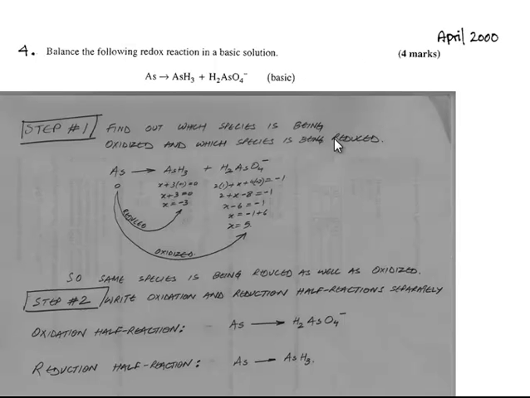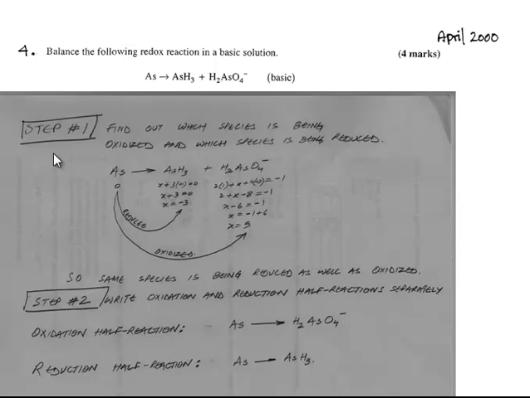The problem asks us to balance this redox reaction in a basic solution. So as I'll be mentioning later on, we have to be careful about these problems, whether they want us to solve it in an acid solution or a basic solution. So this one asks for a basic solution.